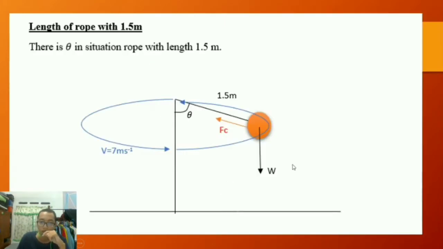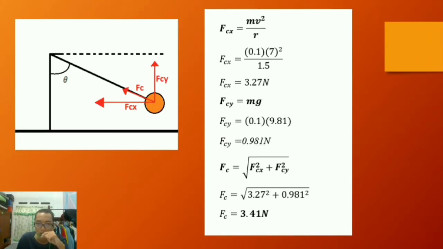The calculation we need is the resultant force to get the FC. FCX we got 3.7 Newton, and FCY we got 0.981 Newton, and the resultant force FC, the centripetal force, is 3.41 Newton.